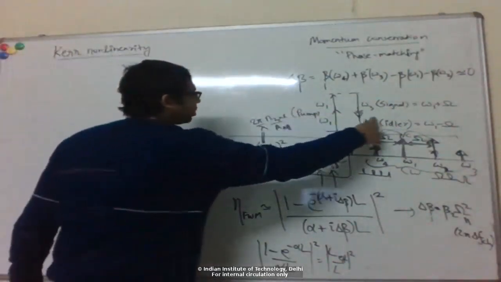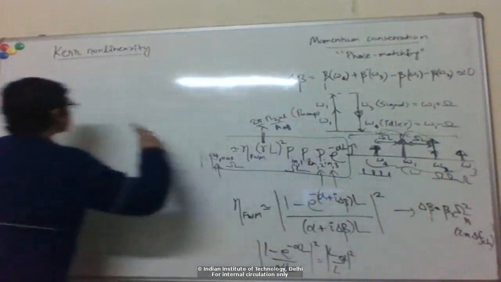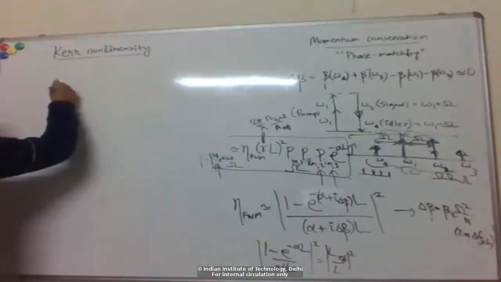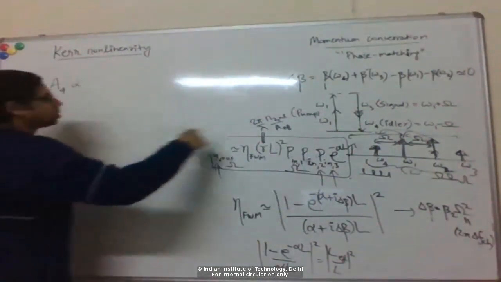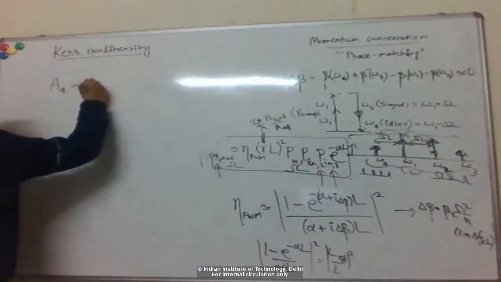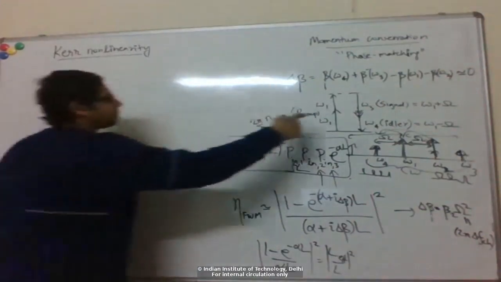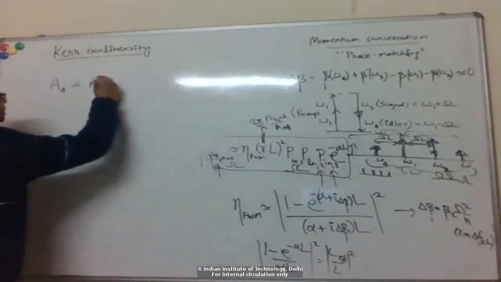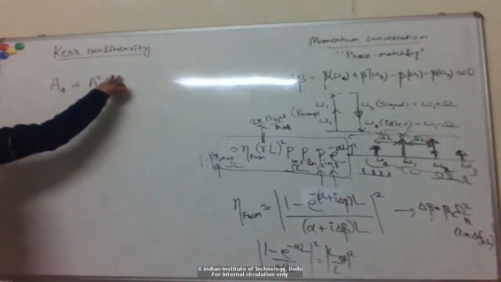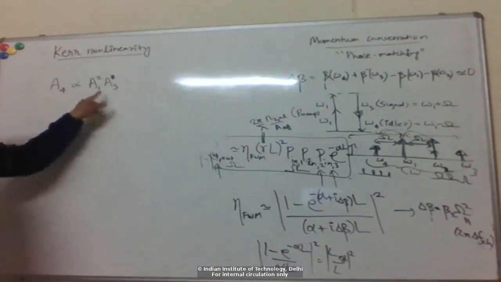If you look at the amplitude at this fourth frequency, which is generated, that's proportional to A1 square times the conjugate of A3. Okay, so there is a phase conjugation happening here.